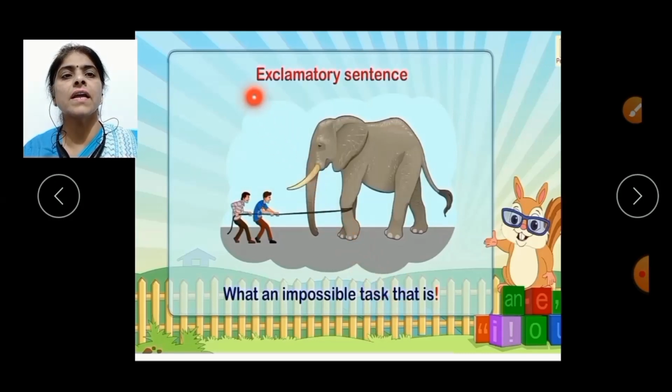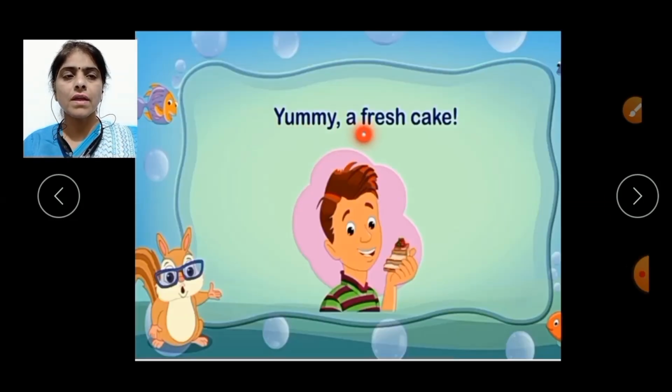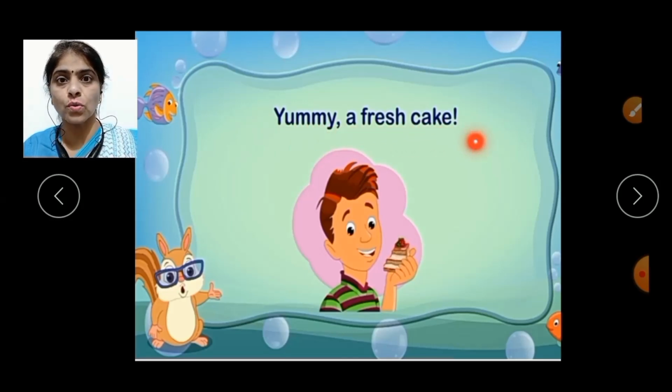So this is an exclamatory sentence. Now let's have the next example. Here, yummy, a fresh cake! In this sentence also you can observe it ends with an exclamation mark, and this sentence shows the expression of joy. So this is another example of an exclamatory sentence.